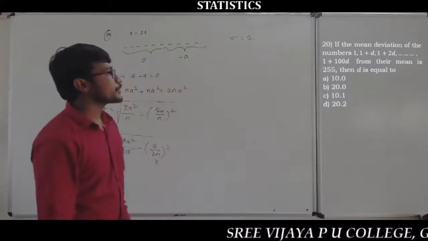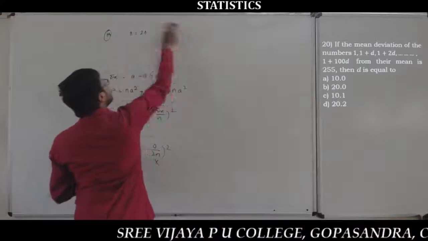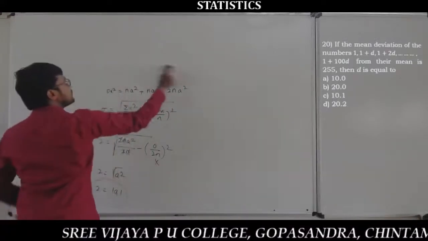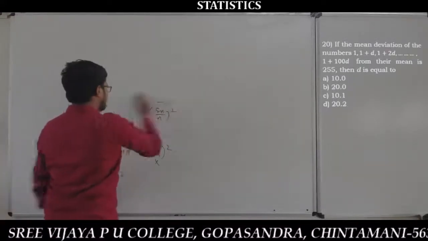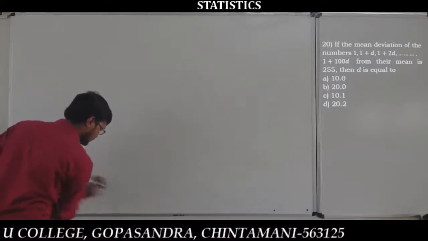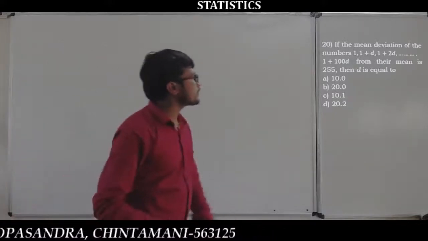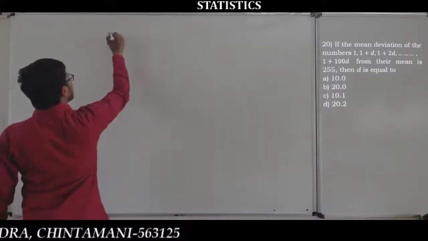If the mean deviation of the numbers, so 1 plus d. Okay, let's see. If the mean deviation of the numbers, then what are the numbers?